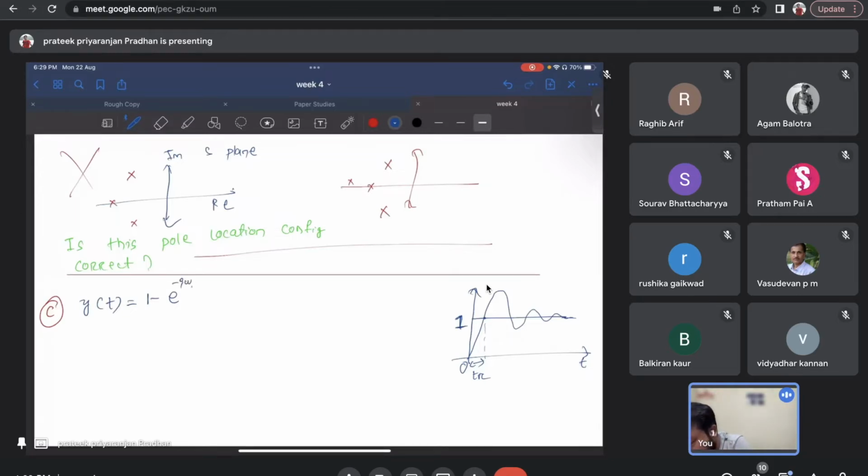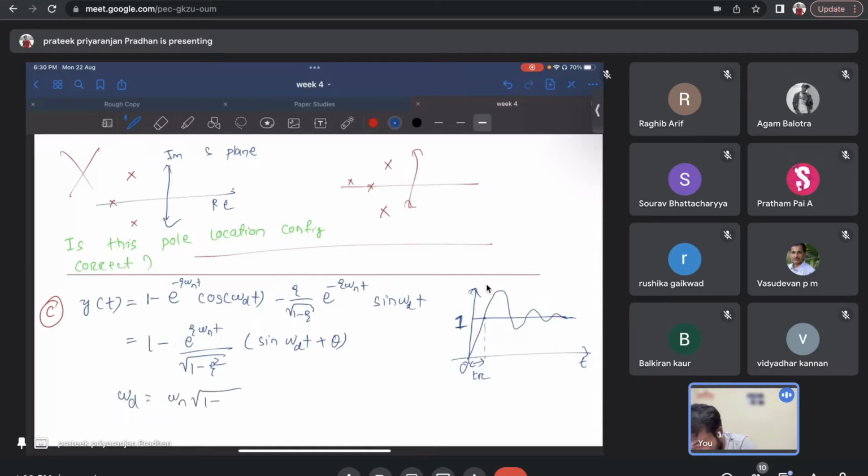I will write both expressions, what Ragib said, and the other expression also: e to the power minus zeta omega n t, and converting this, I will get what Ragib said: e to the power minus zeta omega n t divided by root over 1 minus zeta square, sine omega d t plus theta, where omega d is equal to omega n root over 1 minus zeta square.